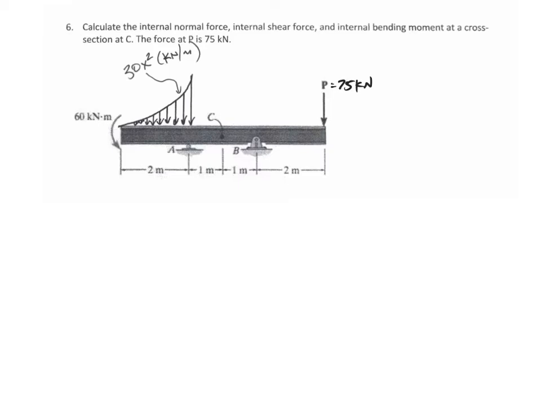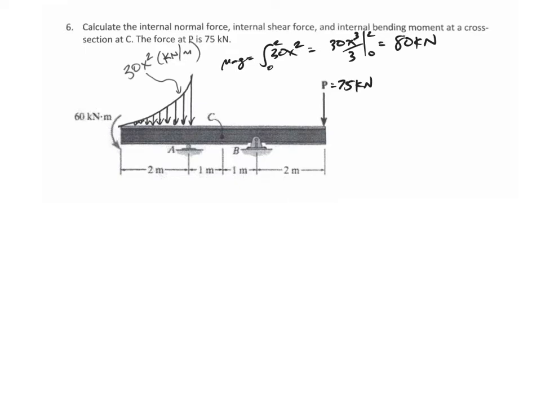So hopefully you can remember that the magnitude is going to be the integral of the function, 30x squared, as the x goes from 0 to 2. So that would be 30x cubed over 3 from 0 to 2. That would be 80 kilonewtons.